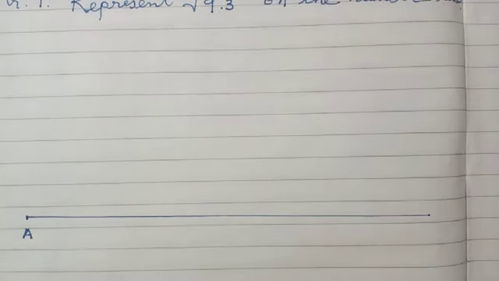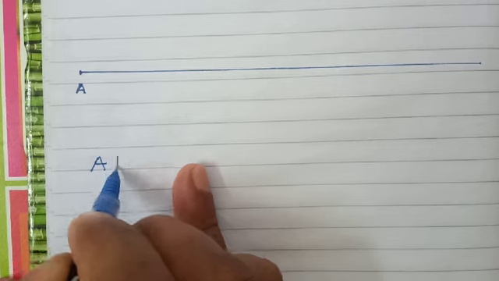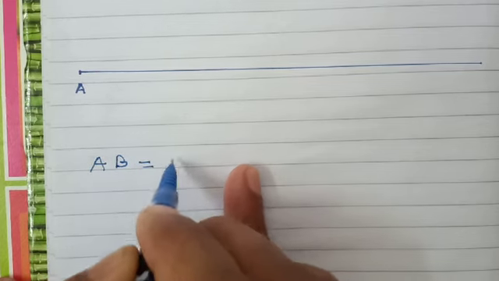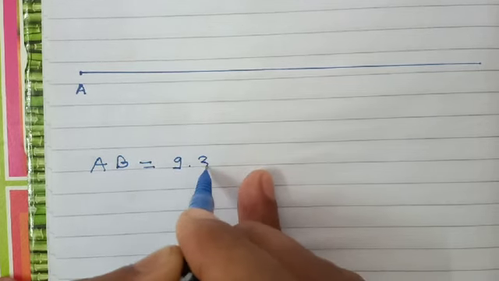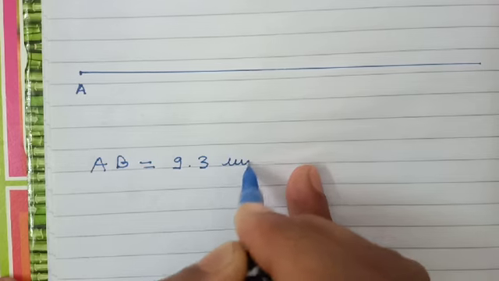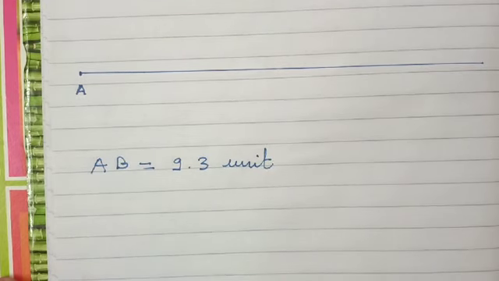Now we should take AB equal to 9.3 units.